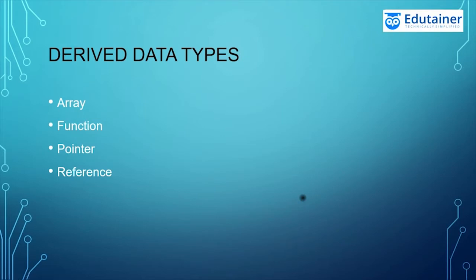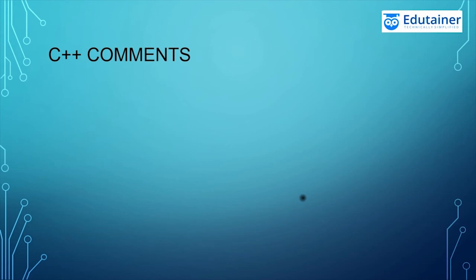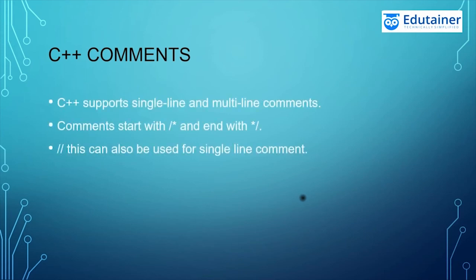So you have seen the sizes of different data types, like how much size they take. C++ comments. C++ has two types of comments: single line and multiple lines.